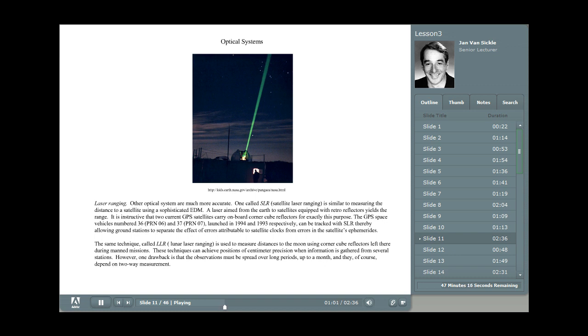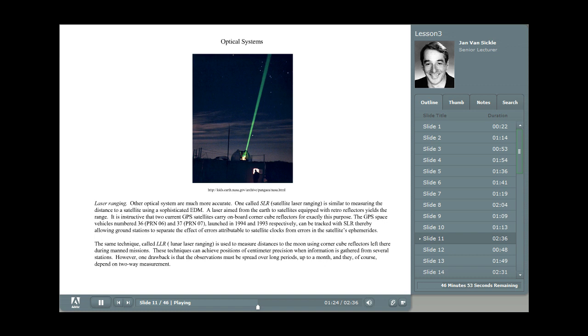As a matter of fact, the GPS space vehicles 36 and 37 have retroreflectors or corner cubes on board for this purpose. And some of the newer satellites probably will continue that trend. Also, this system is used for lunar laser ranging.